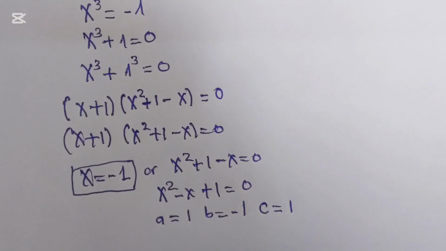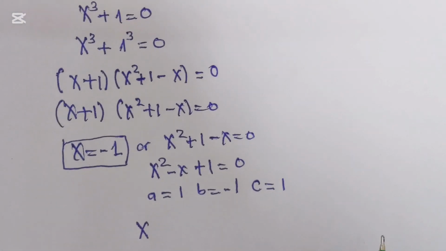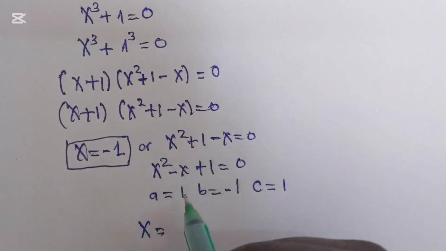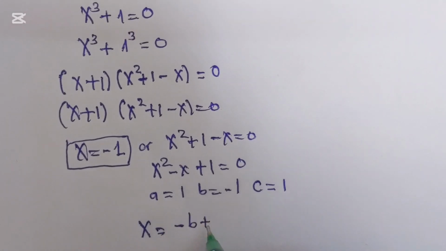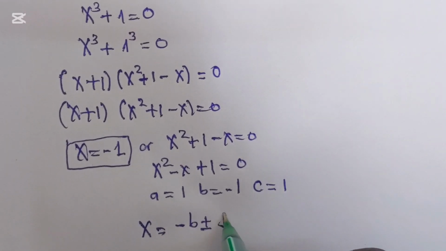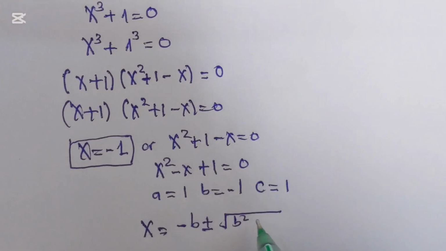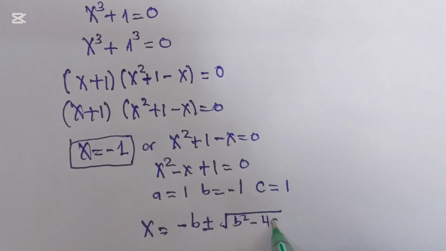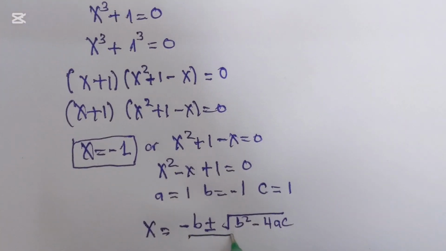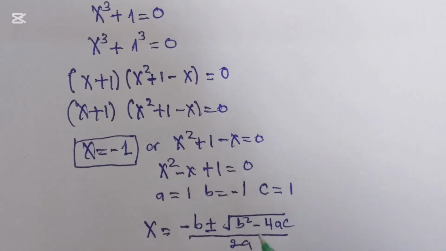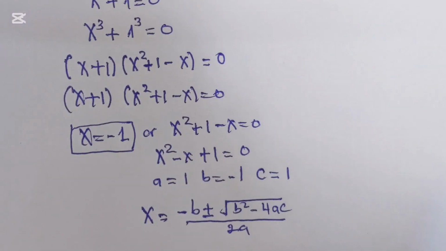So our x is equal to negative b plus or minus square root of b squared minus 4ac over 2a.